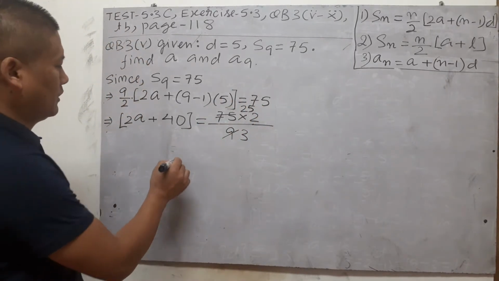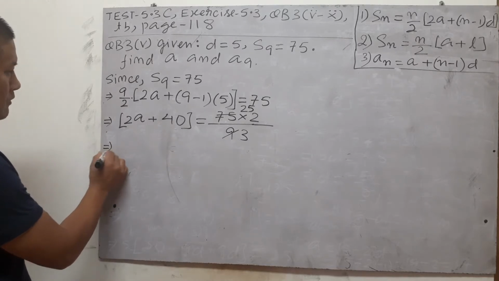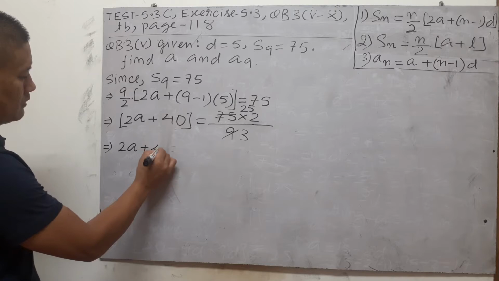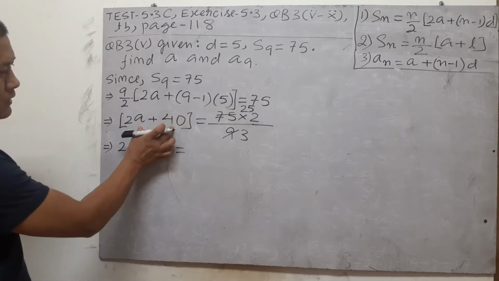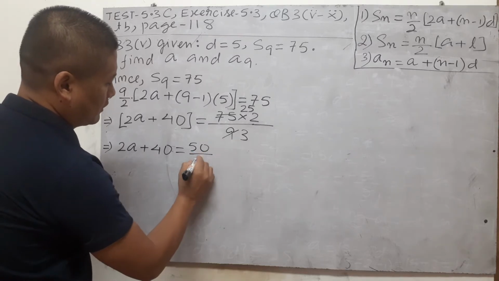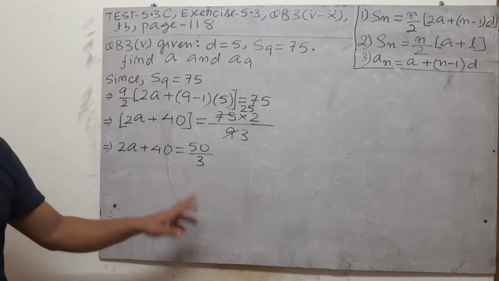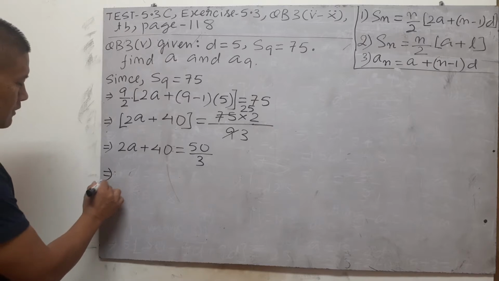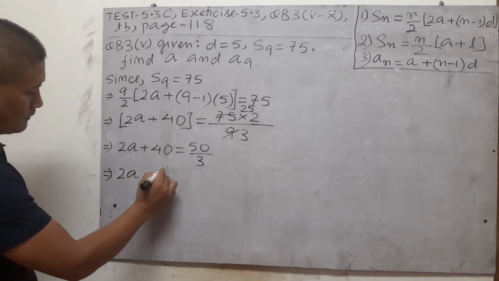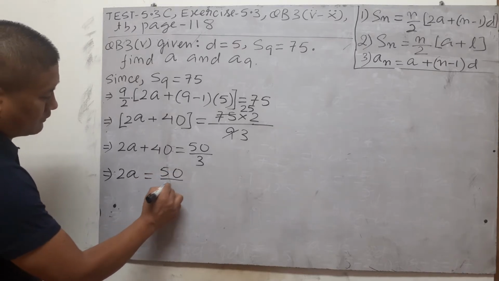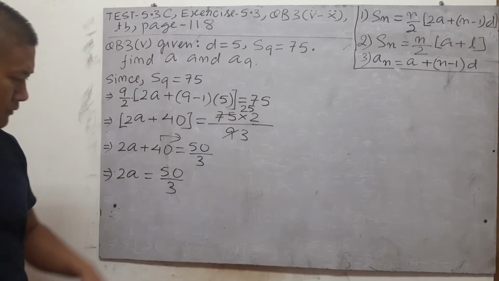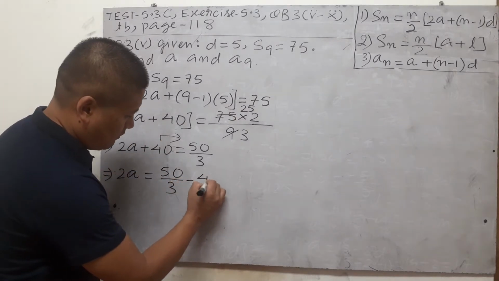So we're going to get 2a plus 40 equal to 25 into 2 is 50 divided by 3, right? So we can keep the term containing 2a alone on the left side, and on the right side 50 by 3 is there, and shift this plus 40 to the right side, it will become minus 40, right?